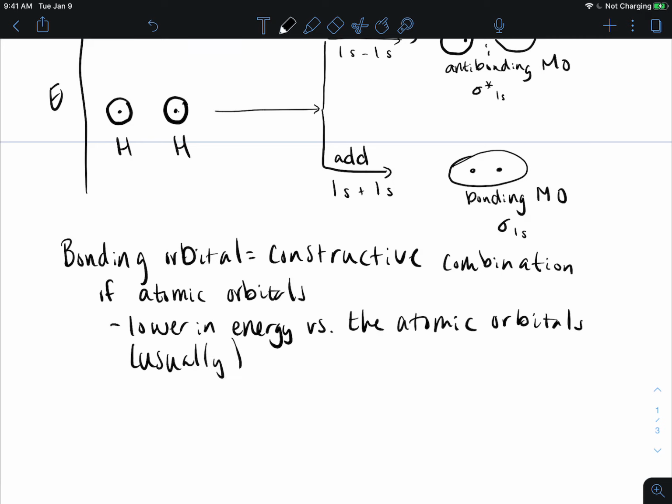If we're combining two orbitals that have different energies, they might not be lower in energy than both atomic orbitals.